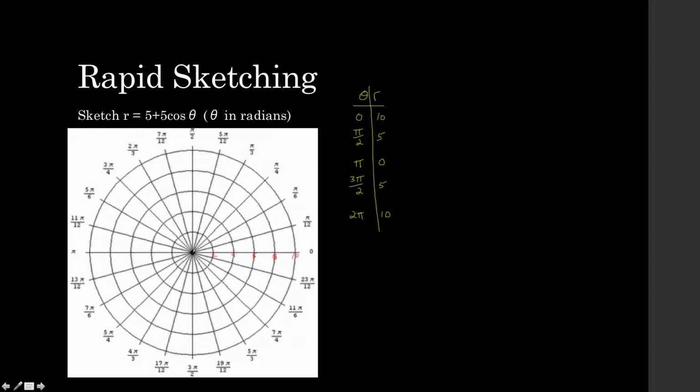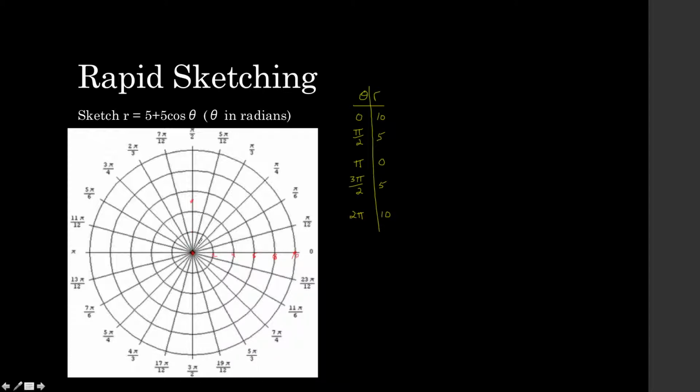All right, 0 degrees, 10 is out here. All right, pi over 2, 5. So 2, 4, 5. All right. And then what we have here is we have pi, 0, which is going to be right here in the middle.